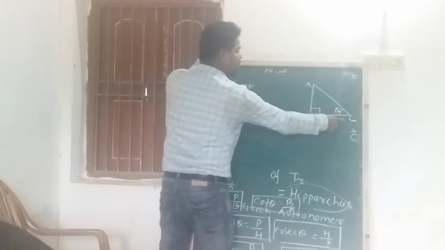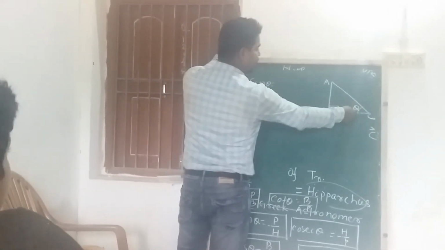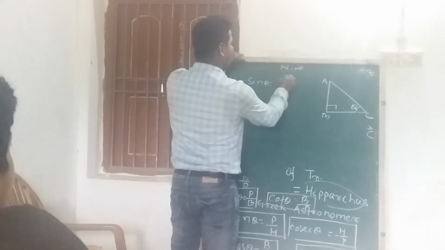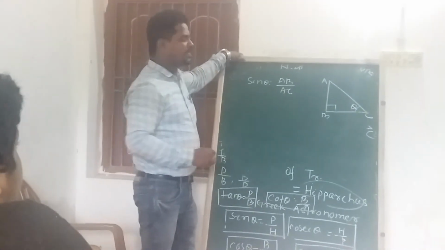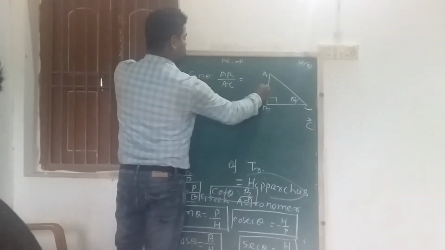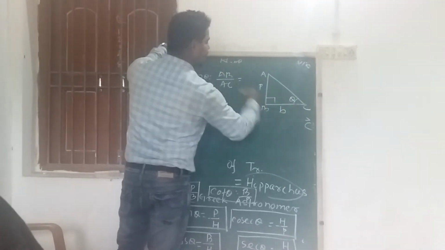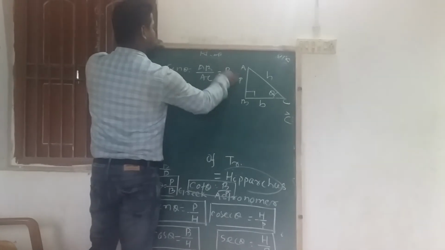Sine of C or sin theta is equal to opposite of this angle over hypotenuse, equal to AB upon AC. You can symbolize AB as P, this is your B, and this is your H. You can write AB is P, P by H.